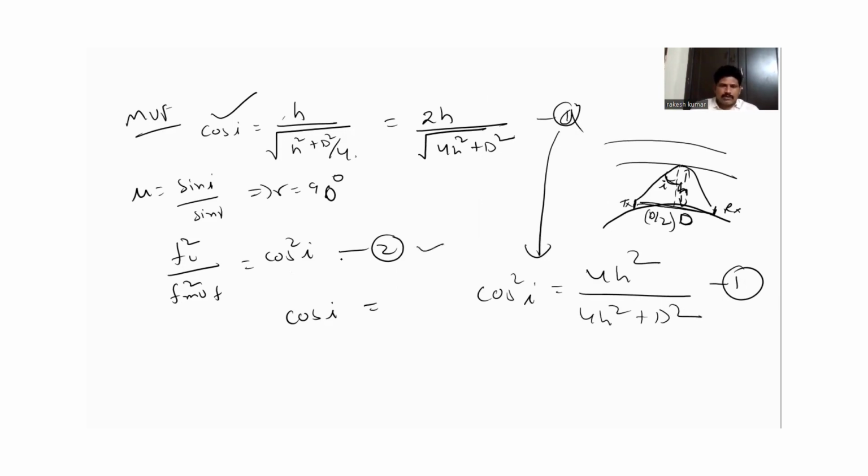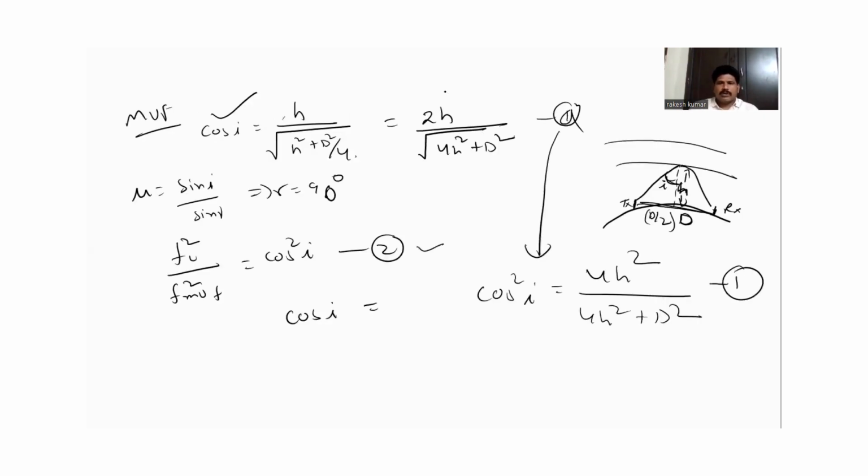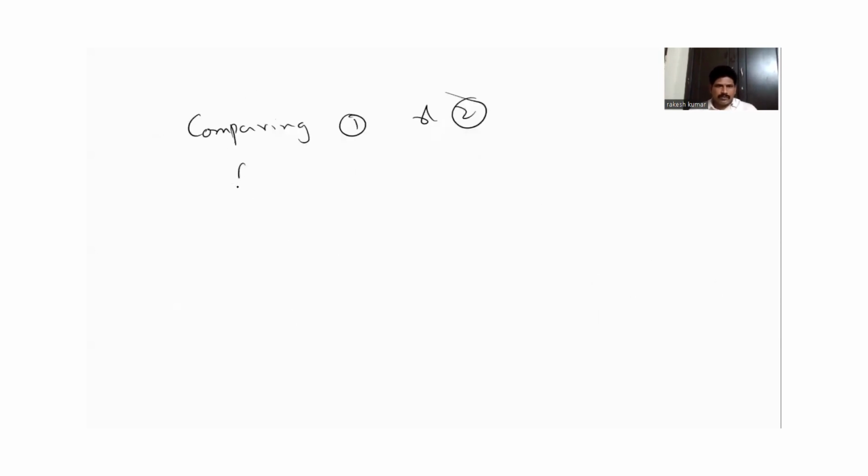Now comparing 1 and 2. 1 is cos square I is equal to 4h square by 4h square plus d square. 2 is cos square I is equal to fc square by f square. Therefore, fc square by f square is equal to 4h square by 4h square plus d square.